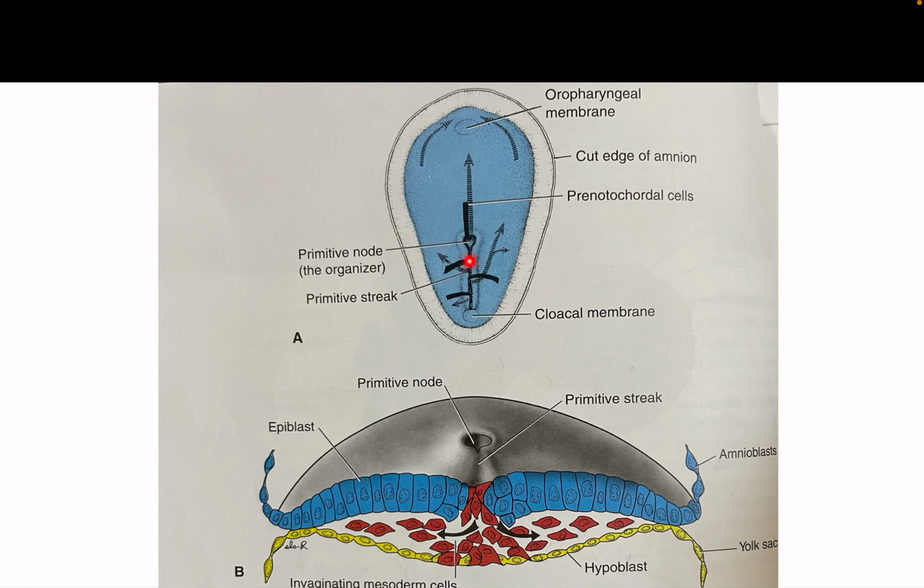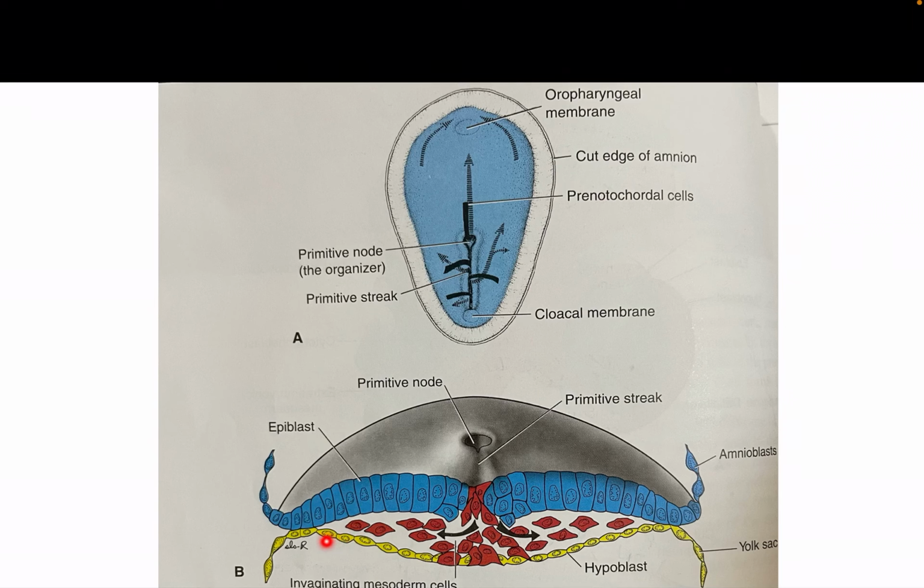Here is shown the primitive streak, where the anterior part is the primitive node, this depression. This is the primitive streak, and here are the cells of the epiblast, the long columnar cells.